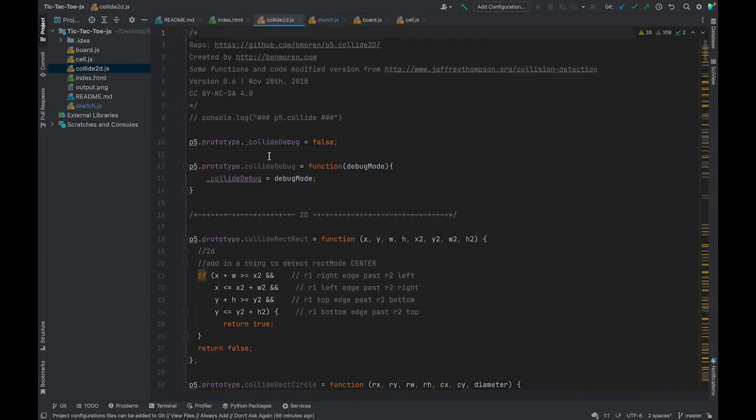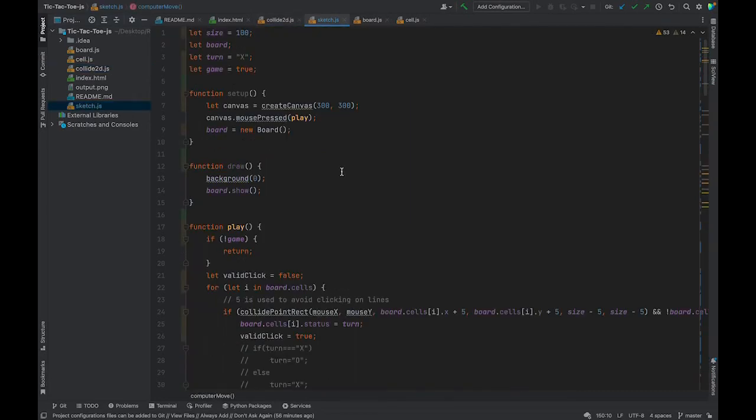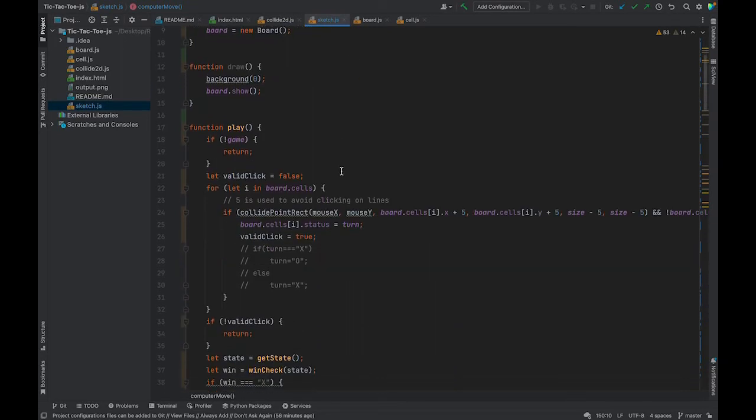This file contains all the logic for when the necessary conditions are met, and also how to populate a cell with respect to character, like whether it is an x or an o. And the main logic for the minmax algorithm is going to be in the sketch.js file.